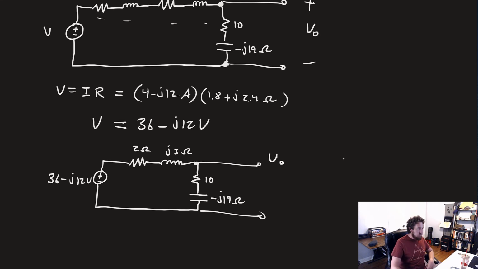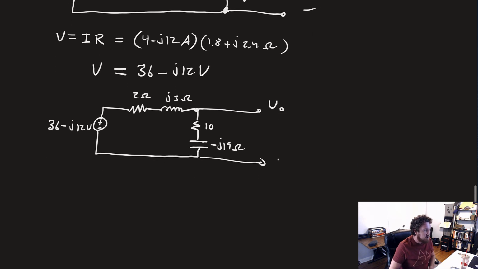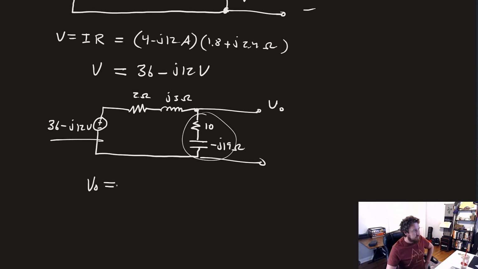Now we could do a Norton and then get our parallel impedance there, or we could do a voltage divider. I want to do the voltage divider since we haven't really seen many examples of that. Remember, that's the voltage source times the impedance that we're looking at over the sum.